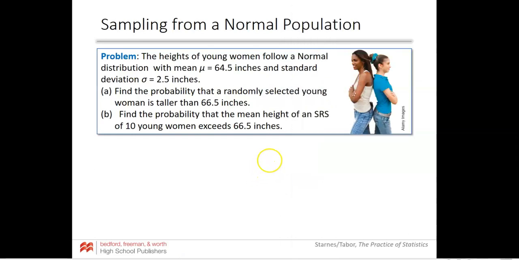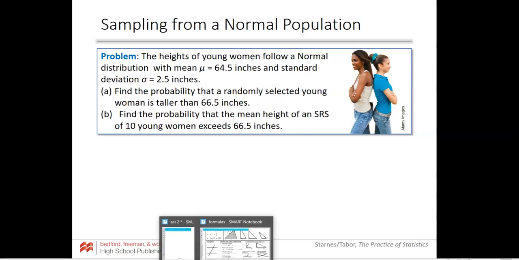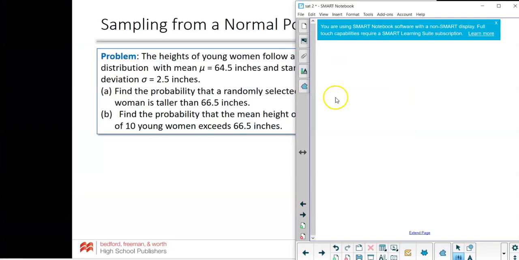Because the population, all women, follows an approximately normal distribution, then the sample we're taking, in this case we're not taking a sample, but if we are, the sample is going to be the same. It's going to be normal as well.